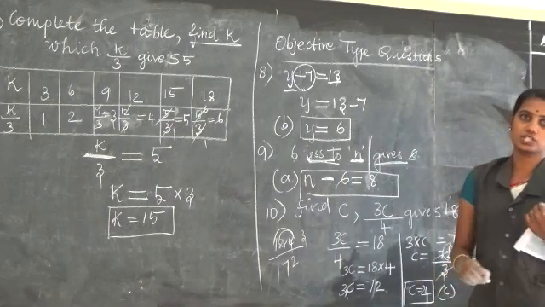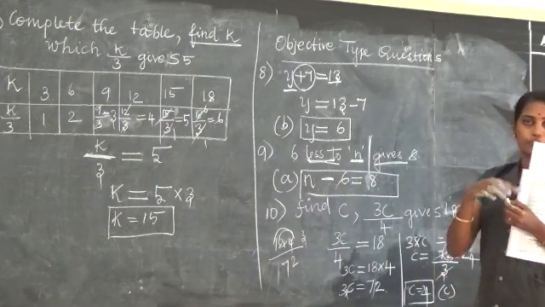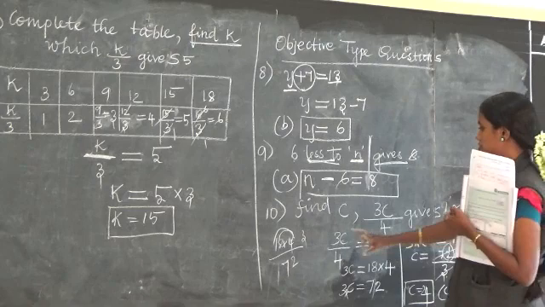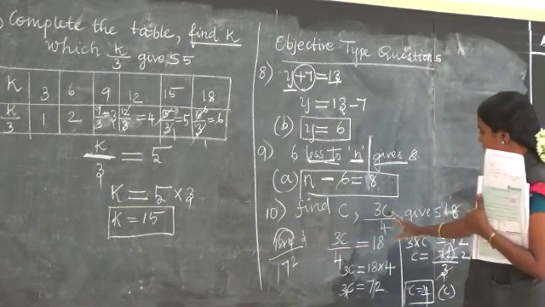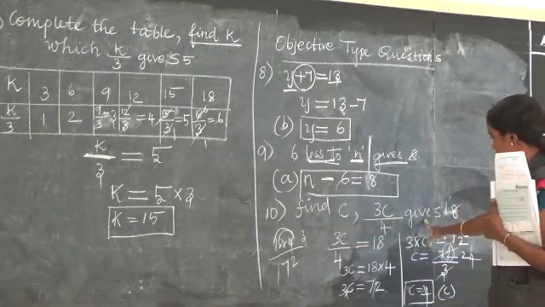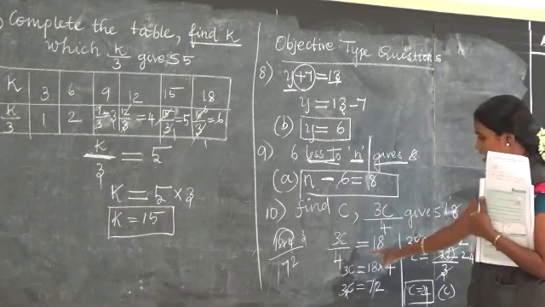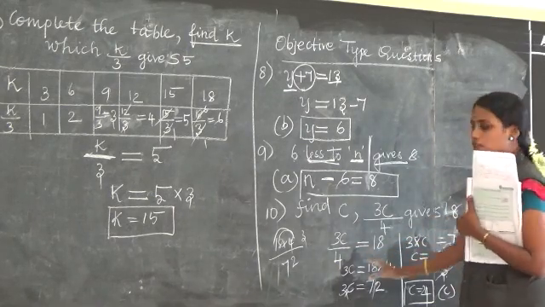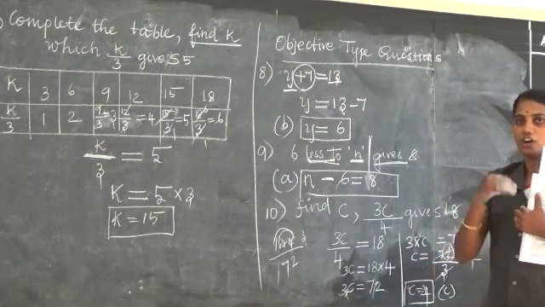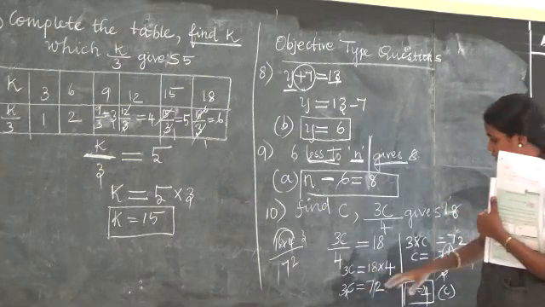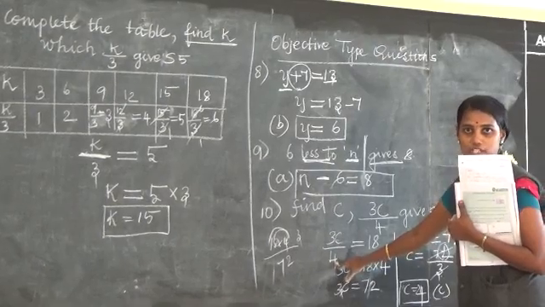I will explain once again because you are new to solving these problems. Listen to me. Find C. 3C by 4 gives 18. Gives means equal sign. Then we need to find the C value. Along with the C, what is there? The 4 is there.